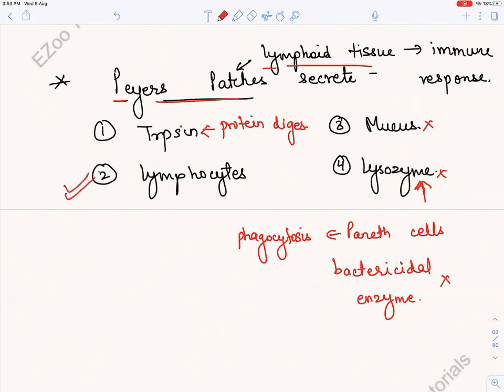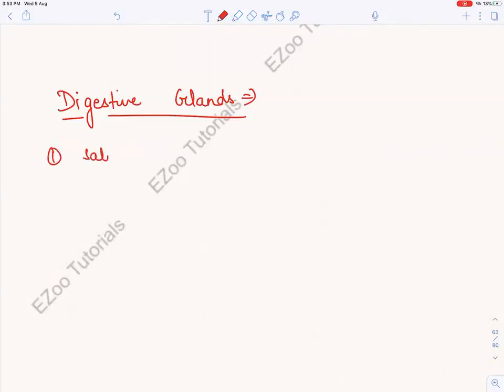So this is all about the histology of the wall of the alimentary canal. And from the next class, I will start the digestive glands. In the digestive glands, the first will be the salivary glands, right?